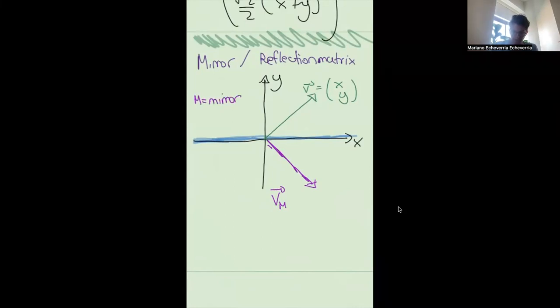Can anyone think about what the entry should be of the mirror vector? What should be the first entry of the mirror image? Yeah, it's not affecting the x coordinate. Good. And then what do you think the entry for the second one should be?